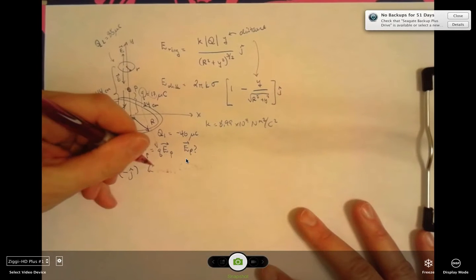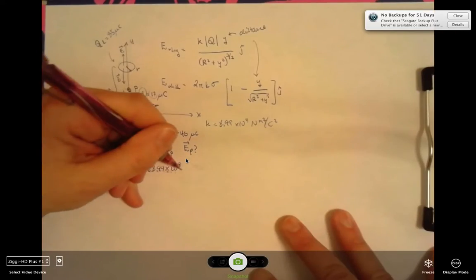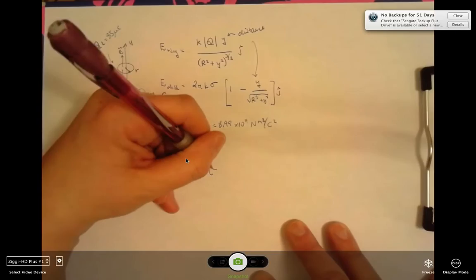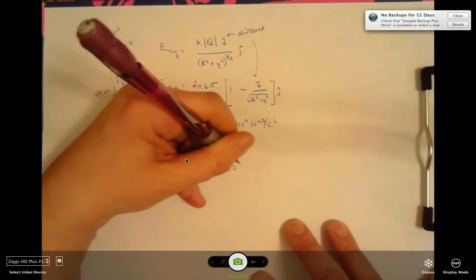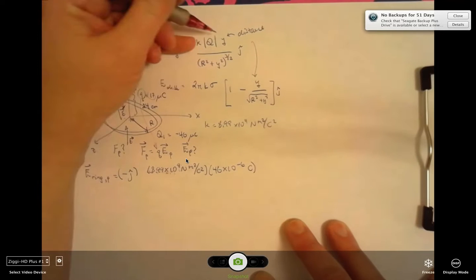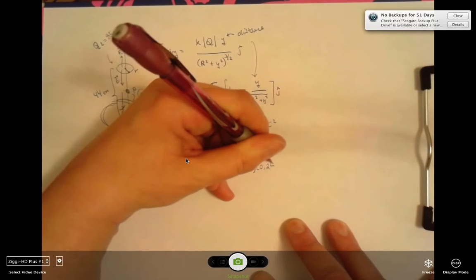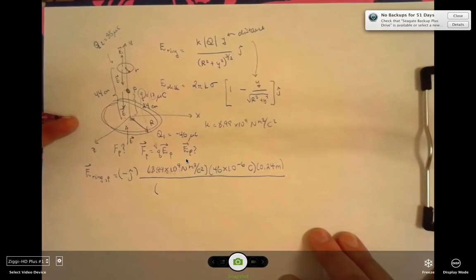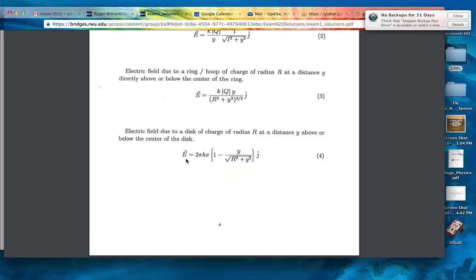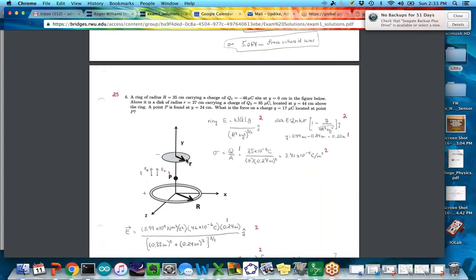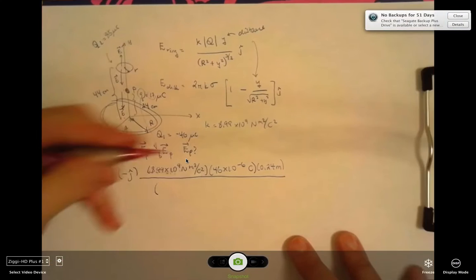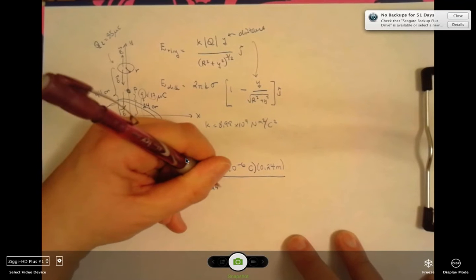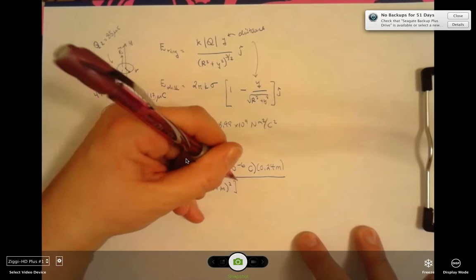So it's going to be k, which is 8.99 times 10 to the 9th newton meters squared per coulomb squared, times Q, the charge of the ring itself, absolute value, so 46 times 10 to the minus 6 coulombs, times y, the distance between the ring and P, which is 0.24 meters, divided by the radius of the ring, big R, which is 35 centimeters, 0.35 meters squared, plus y squared, 0.24 meters squared. And we're going to take this whole thing to the 3/2 power.